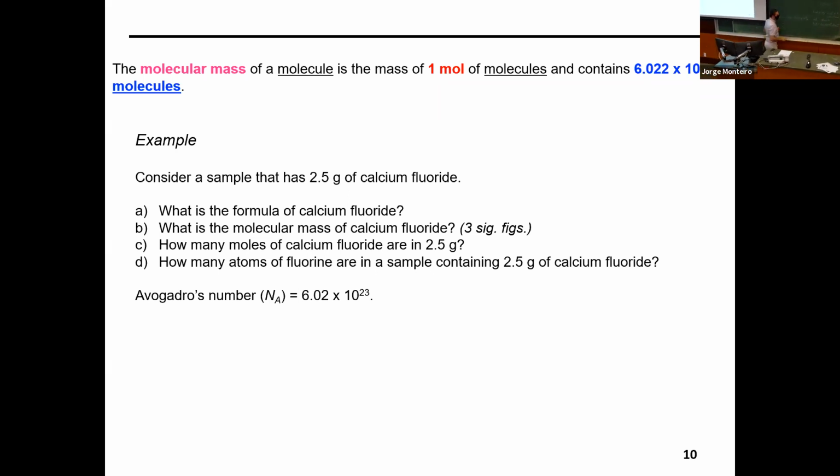In 0.03 mole, how many atoms do we have?